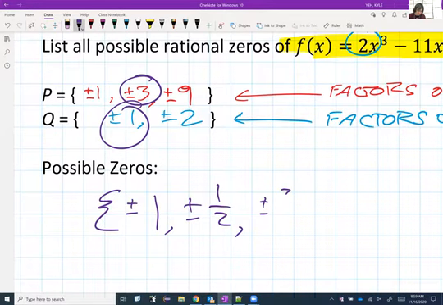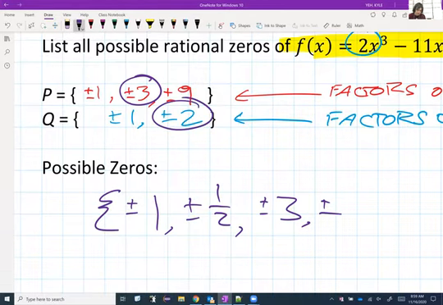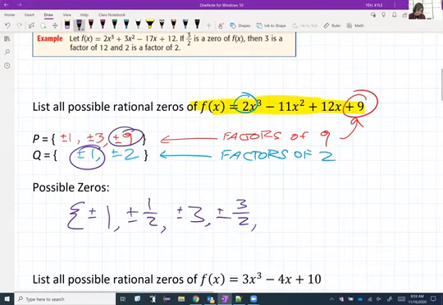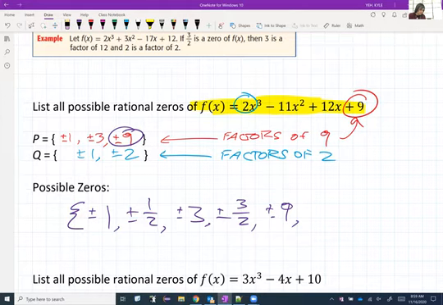So plus or minus 3 over 1, I'll just write that as 3. Plus or minus 3 over 2. And then the last P, plus or minus 9 over 1. So 9. And then plus or minus 9 over 2.